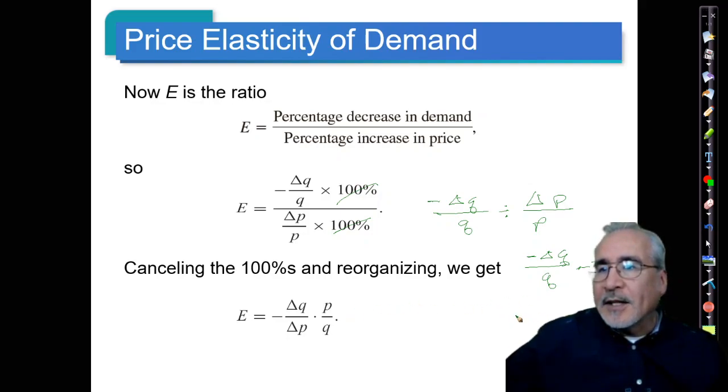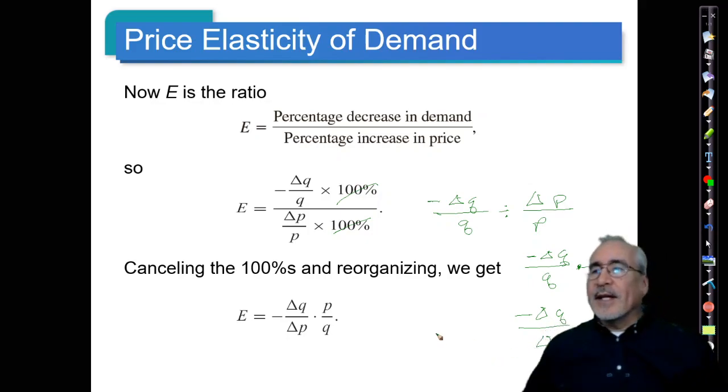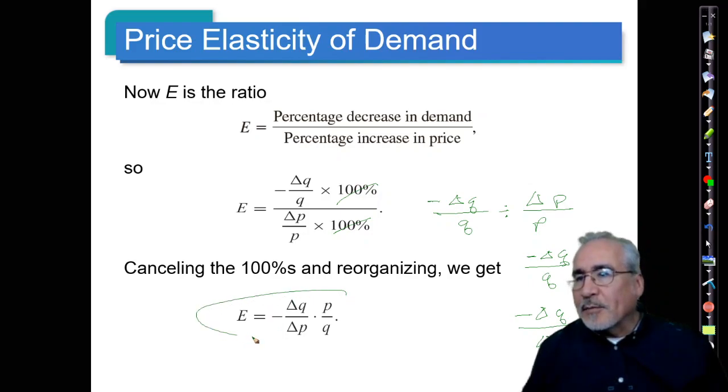You can kind of see, because everything is just being multiplied, delta Q over delta P times P over Q. Okay, so that's how they come up with this part.